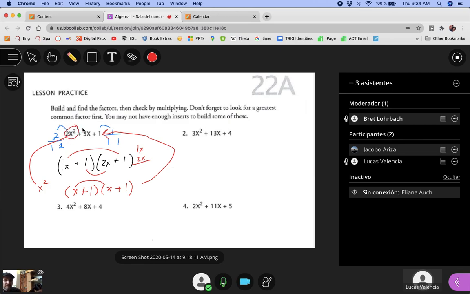So we do have to get the factors of the first term and the factors of the third term and see what combination of both factors added together give us the second term.